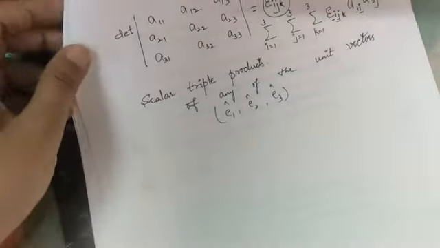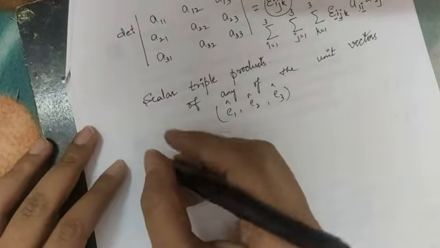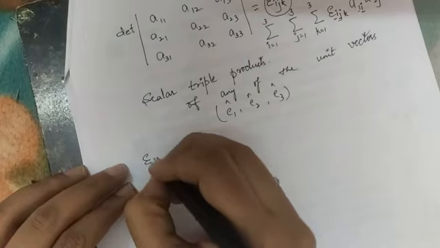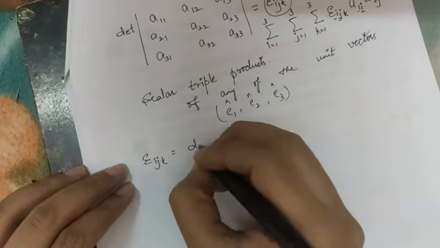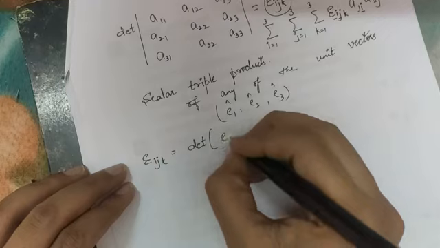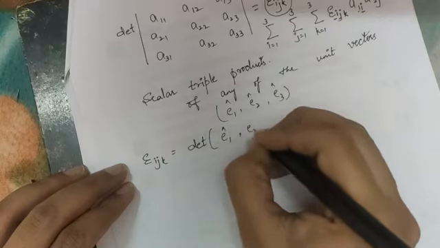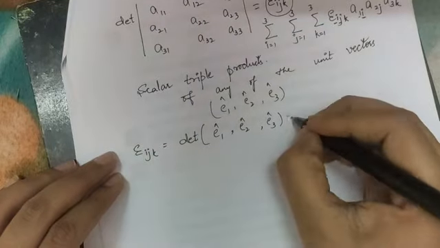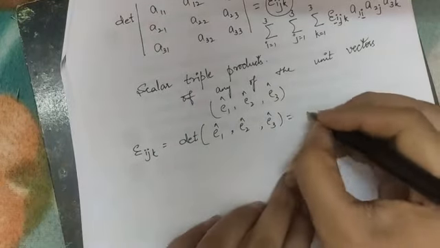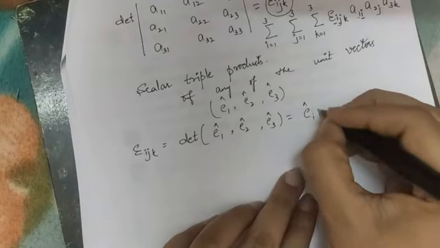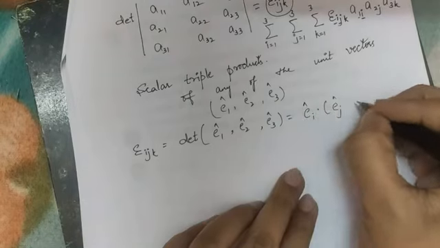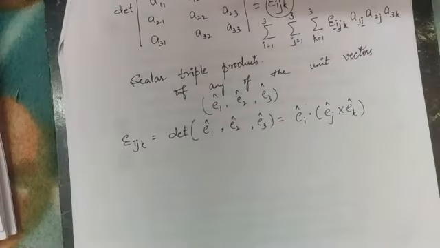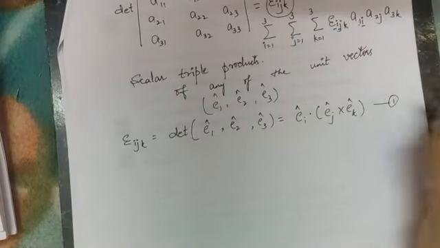Okay, so using scalar triple product, we can express epsilon ijk as the determinant of e1 cap, e2 cap, e3 cap. If I generalize this, I can rewrite this as ei cap dot ej cap cross ek cap. I will call this equation number 1.